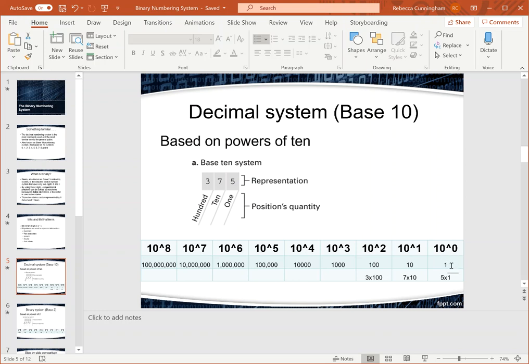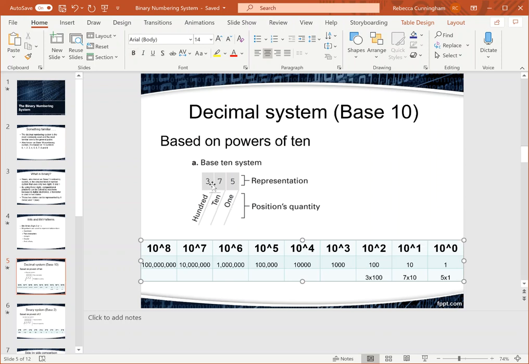Anything to the 0 power is 1. The next place over, the tens place, is 10 to the first power. Anything to the first power is just that number. And the third place over, the hundreds place, is 10 to the second power, or 100. So here are the powers and here are the values.